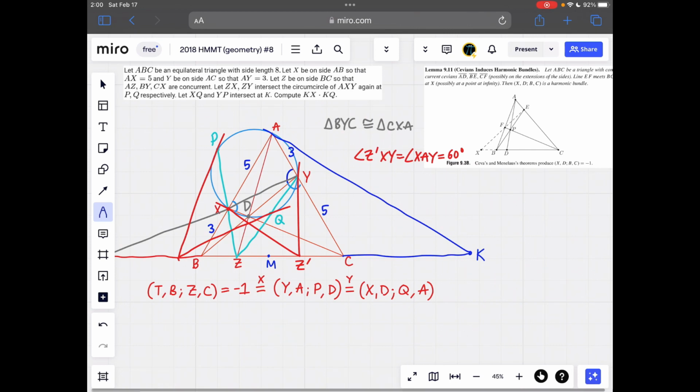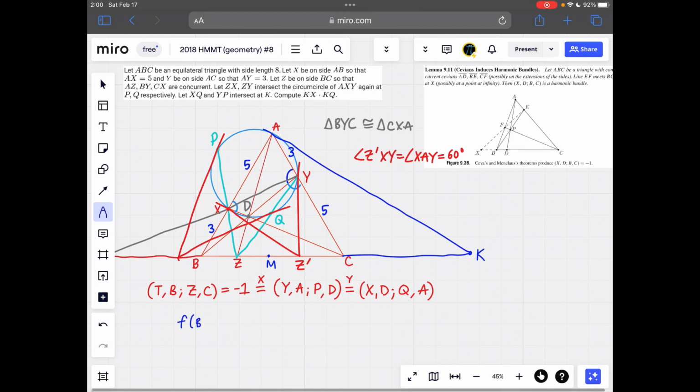Well, we know that the power with respect to the circumcircle of AXY minus the power with respect to that fishy circle of radius 0 is always a linear function. So we can find where K is in terms of points B and C. And it's pretty easy to find what f of B and f of C are, if f of x is that function.